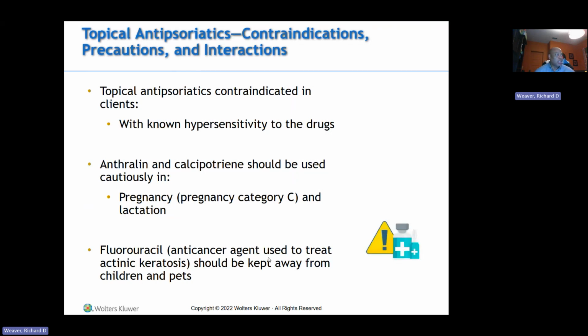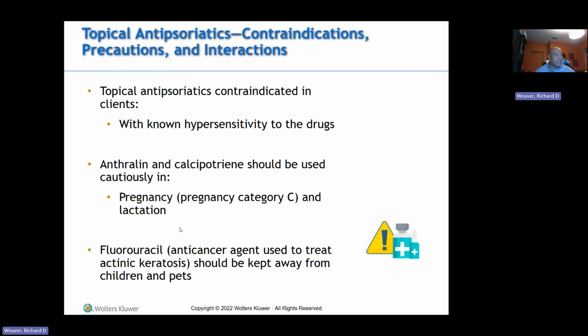These are the topical anti-psoriatic drugs. They should be used cautiously in the pregnant or lactating woman. And also the fluorouracil, which is again the anti-cancer agent, should be kept away from children and pets, like we mentioned earlier. I don't know why they got that there. Seems like that's there twice.